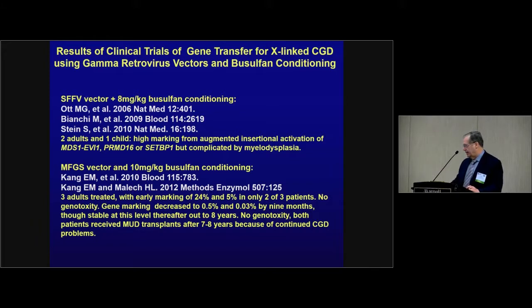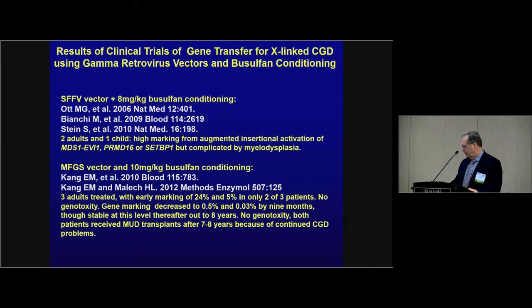There was an issue with the SFFE vector, that was augmented insertional activation. What it basically did was convert a disease in which there's no selective advantage to a genotoxicity event that actually gave those cells a selective outgrowth advantage.